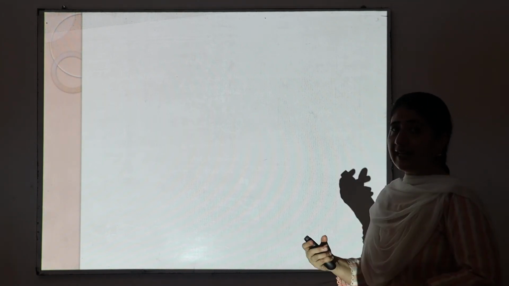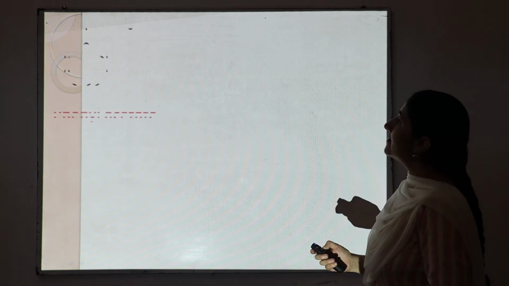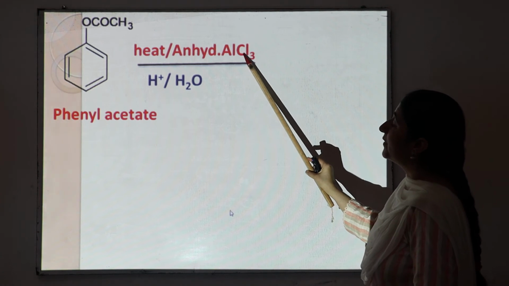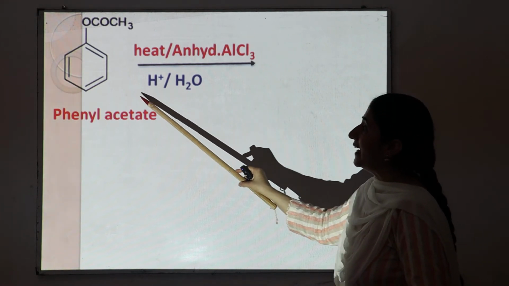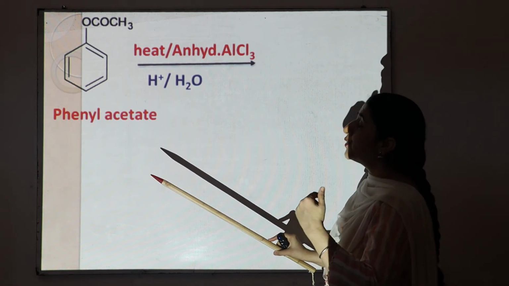When the phenyl ester, either phenyl acetate or phenyl benzoate, further reacts with anhydrous aluminium chloride, it undergoes rearrangement.